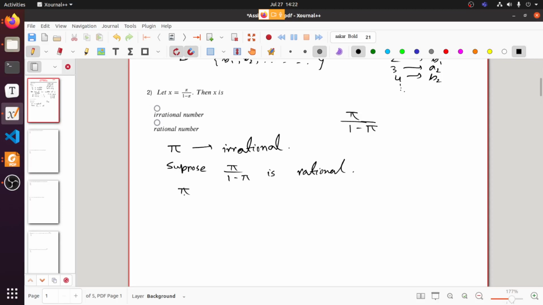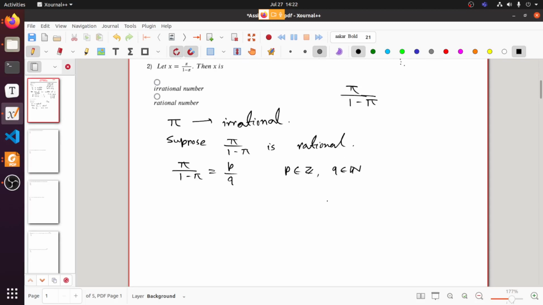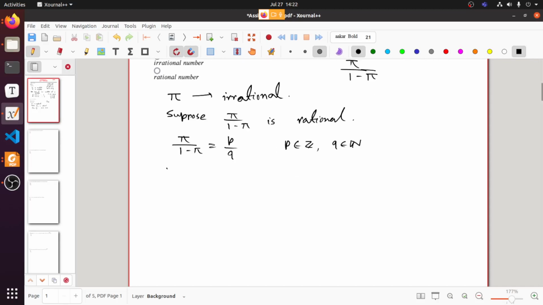Then we can write pi by 1 minus pi as p by q, where p belongs to Z and q belongs to N. Cross multiplying, we get q pi equals p minus p pi, or (q plus p) pi equals p. Then pi will be p by (q plus p). Note that here q is not equal to minus p.